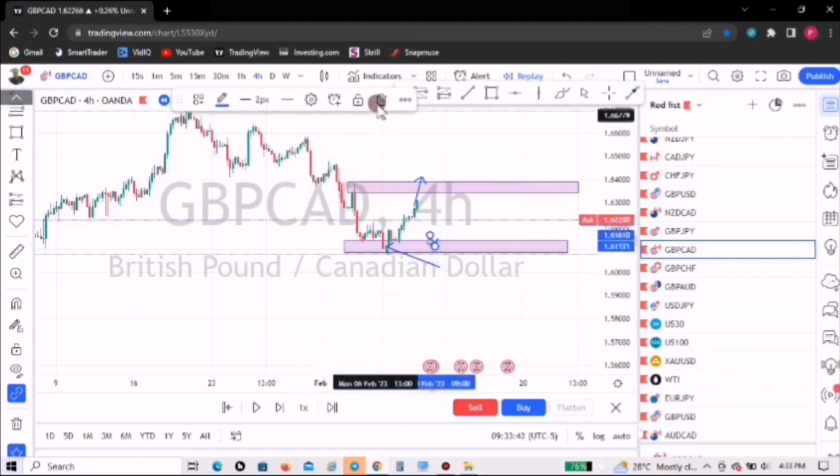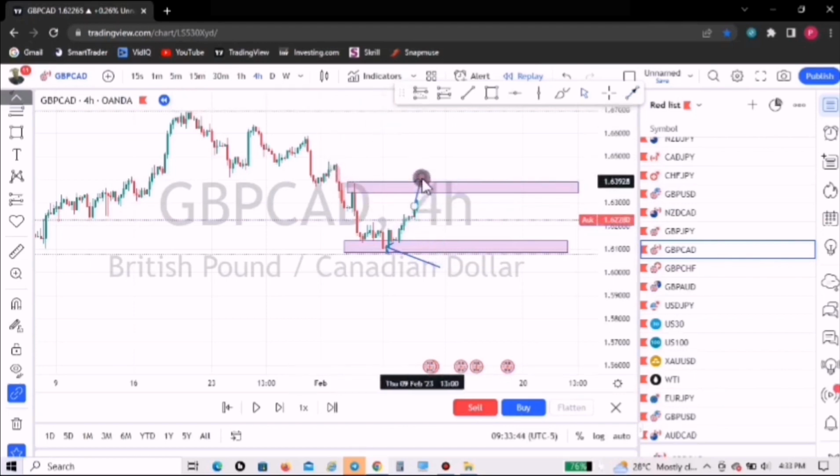But we know that price doesn't always respect us. What price can do is this: when it gets here, it can pull back down to that key level.